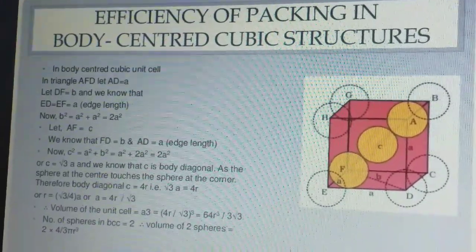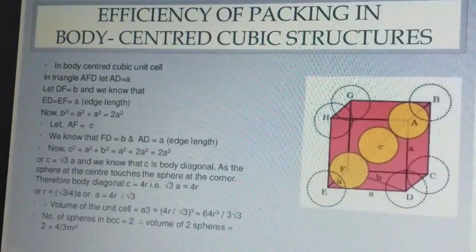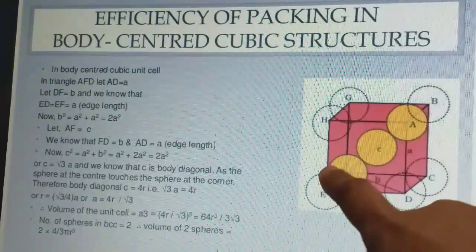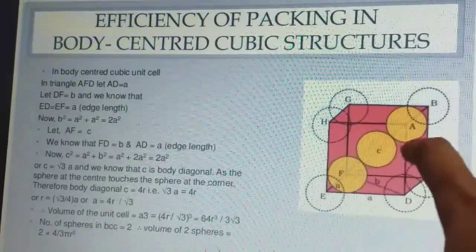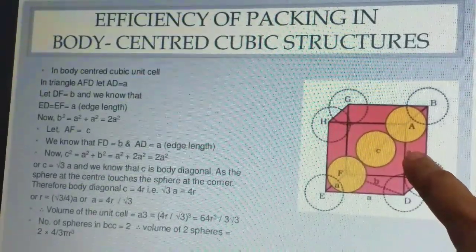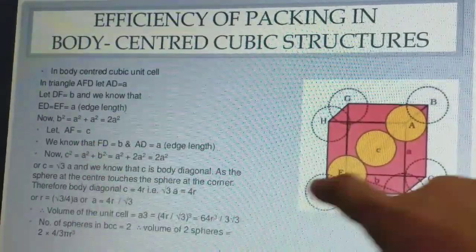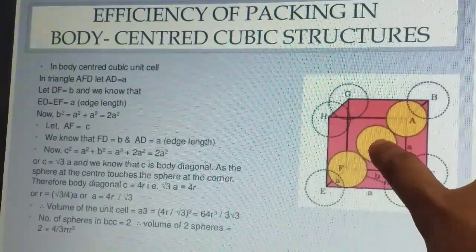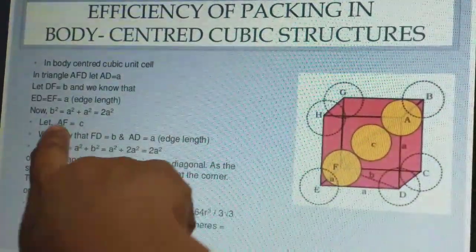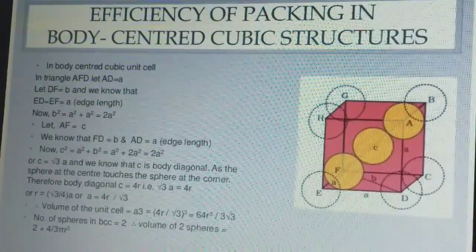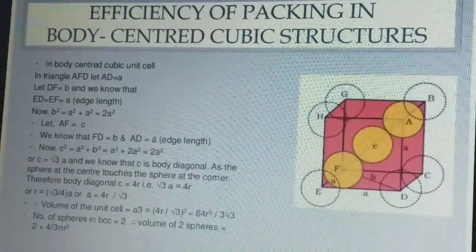B square is equal to A square plus A square, that is equal to 2A square. And in triangle AFD, this is A, this is B, and AF is C. So C we have to calculate.